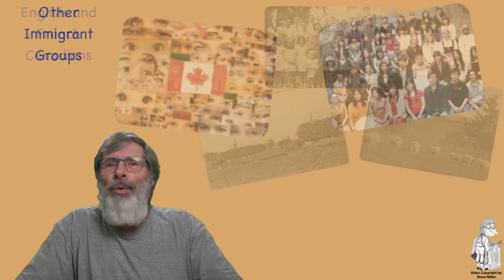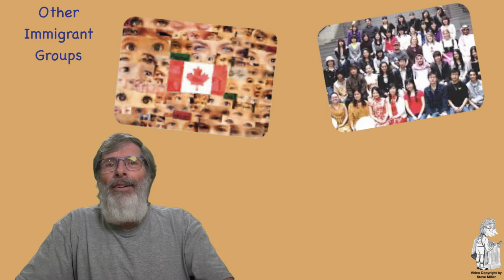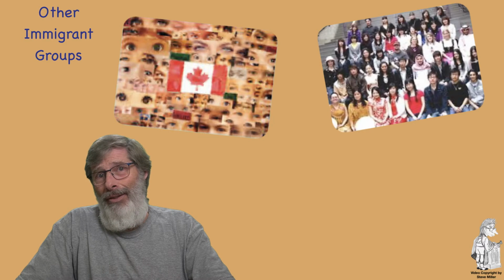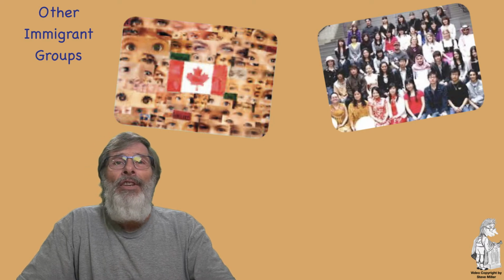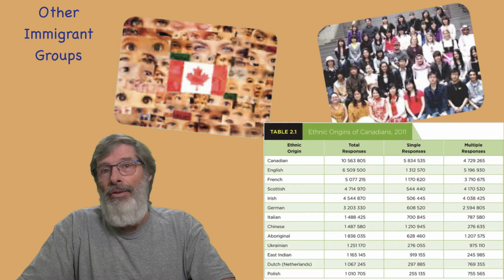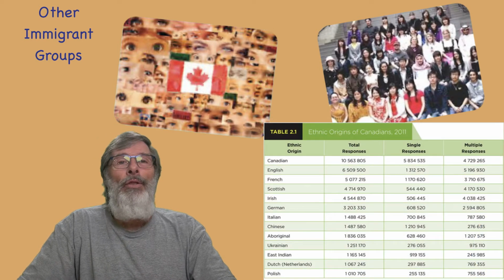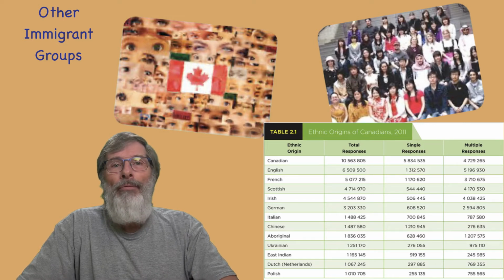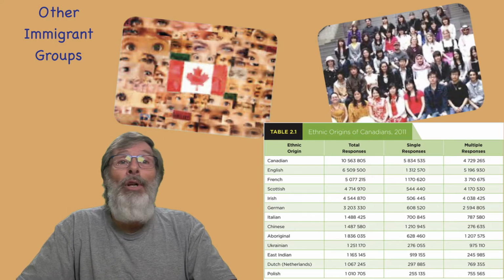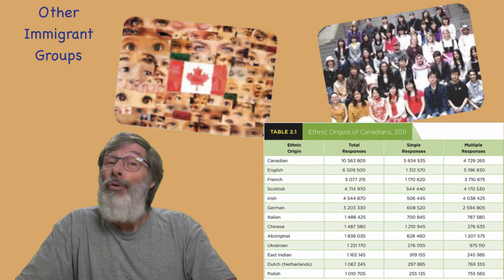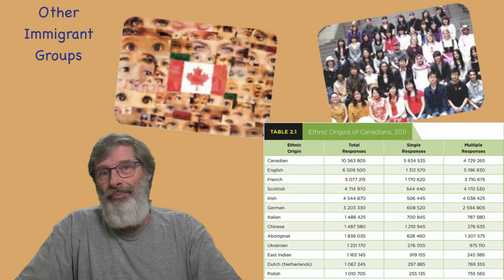Other immigrant groups we can look at: the diversity of Canada's population will continue to increase significantly over the next decades. In 2011, the census counted 200 plus ethnic origins. By 2031, about 25 to 28% will be foreign-born, about half from Asia, and about 30% will belong to a visible minority, nearly double the proportion reported in the 2006 census.